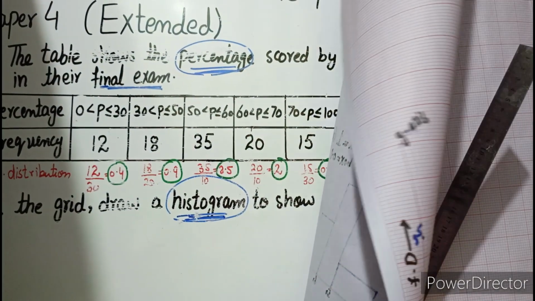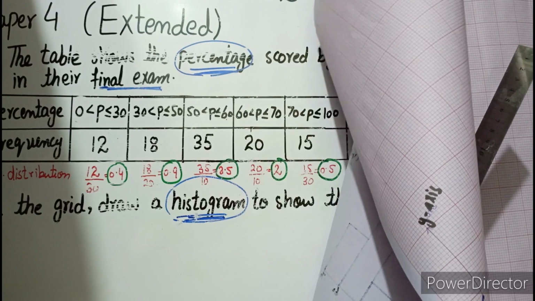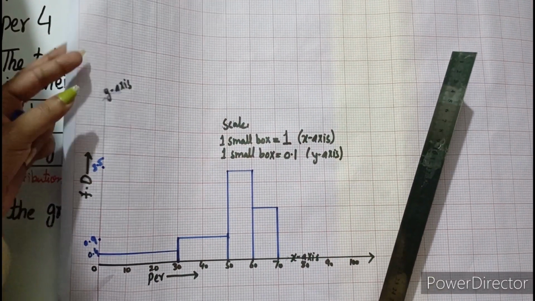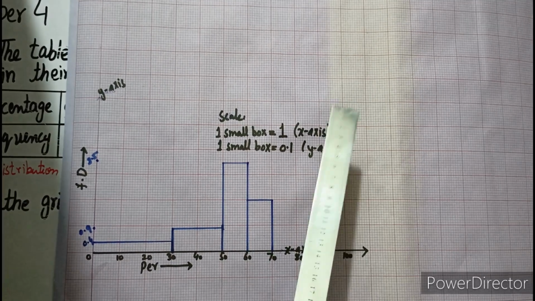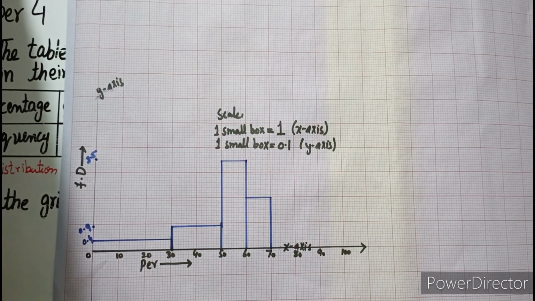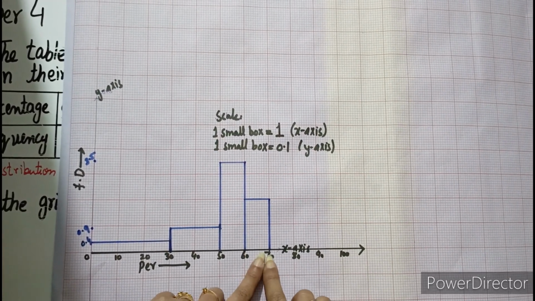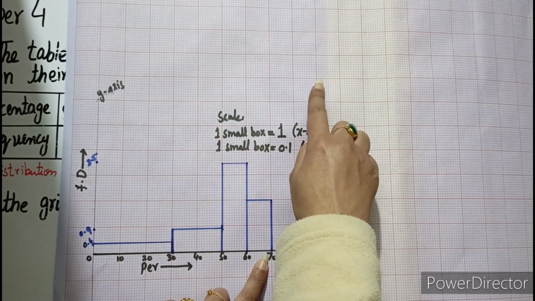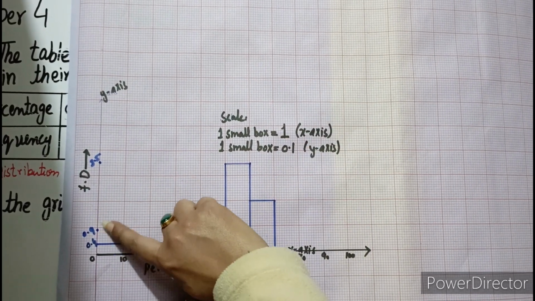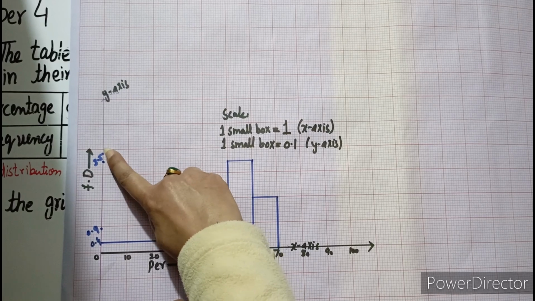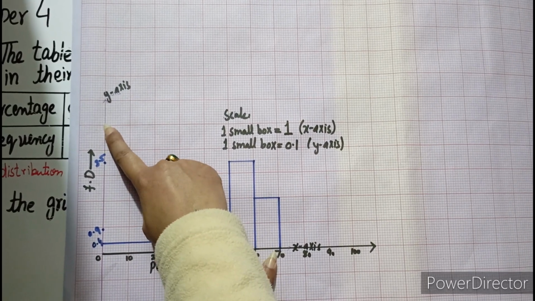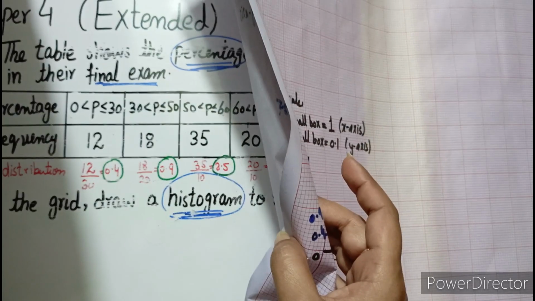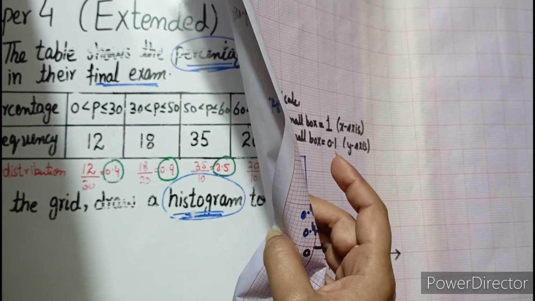Next is 15, from 70 to 100. For 15, you have to draw the last column by yourself. That will be drawn from this to this, while if you use the graph scale, this is equal to 3.5, this is 4, 5, 6, 7, 8, and you have to mark it till 0.5.